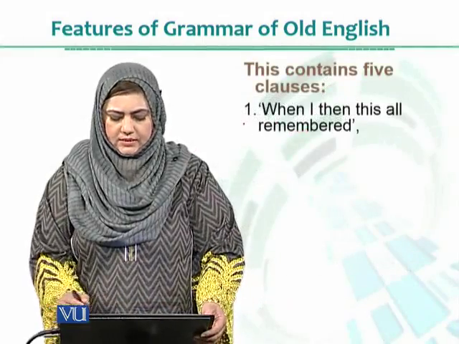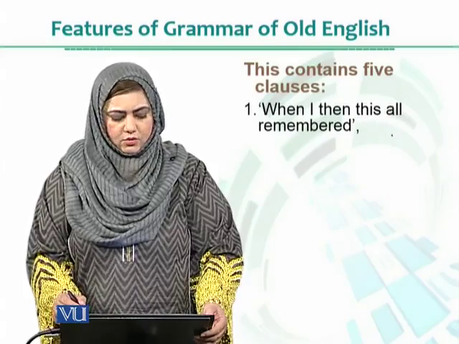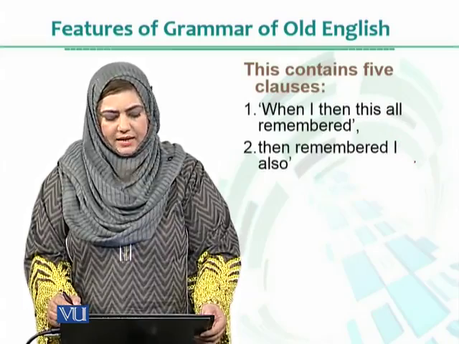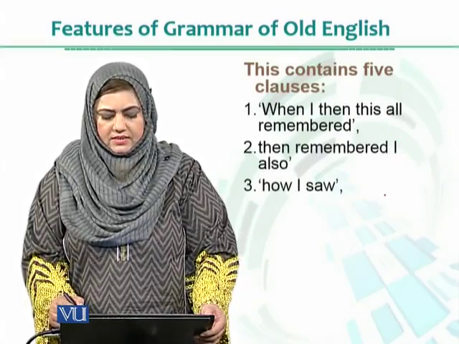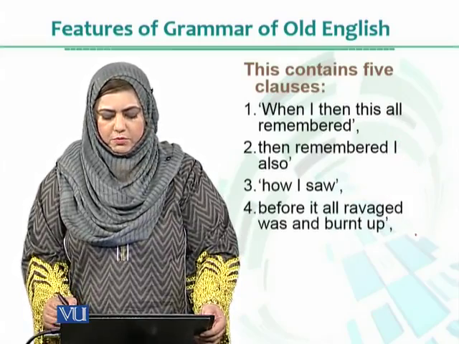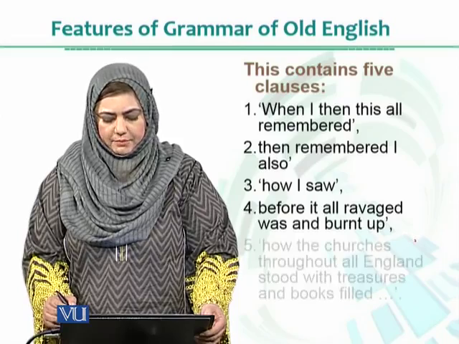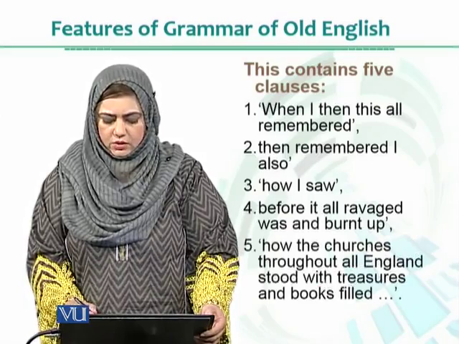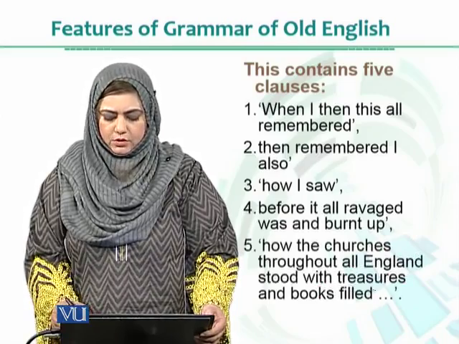The first is, when I then this all remembered. Second is, then remembered I also. Third is, how I saw. Fourth, before it all ravaged was and burnt up. Fifth, how the churches throughout all England stood with treasures and books filled.